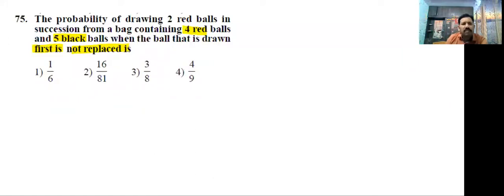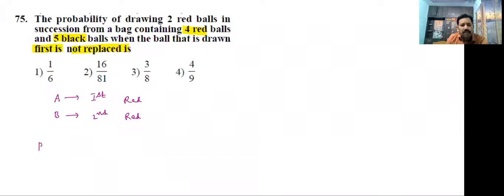Now, how to write the event here? There are 4 red, 5 black balls. Take A as the first ball red, and B as the second ball, which is also red.